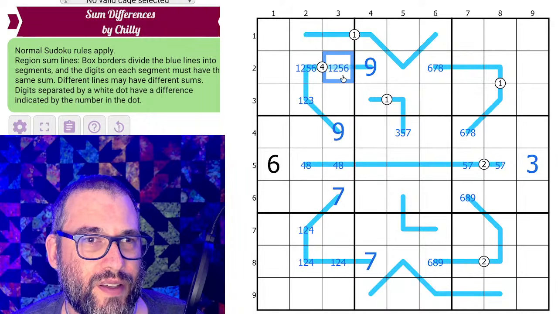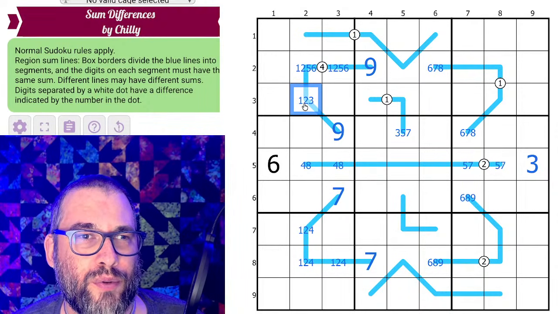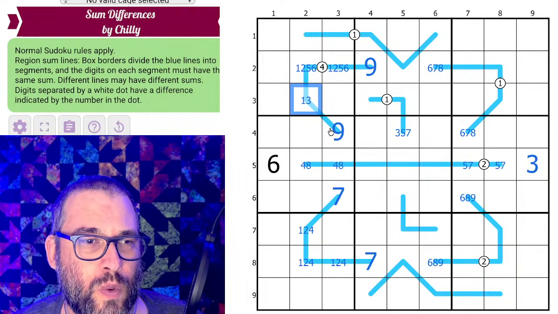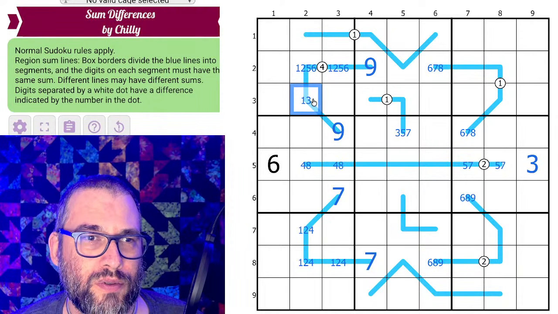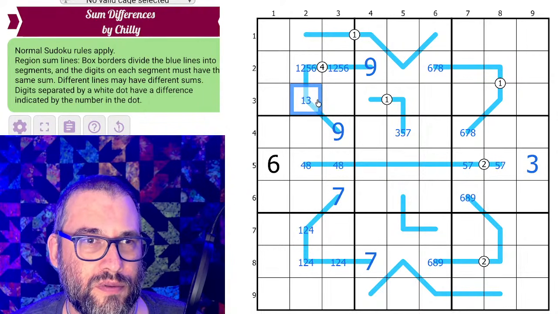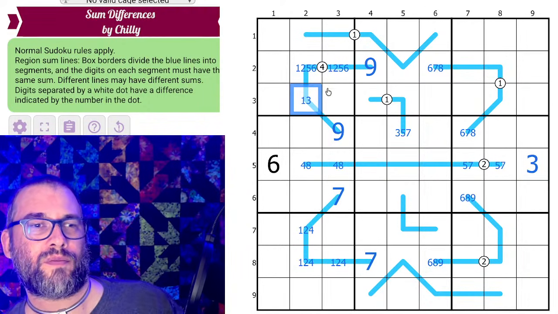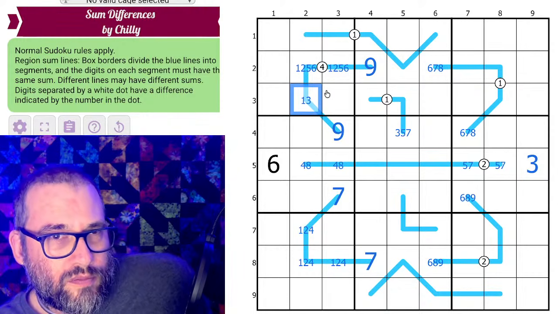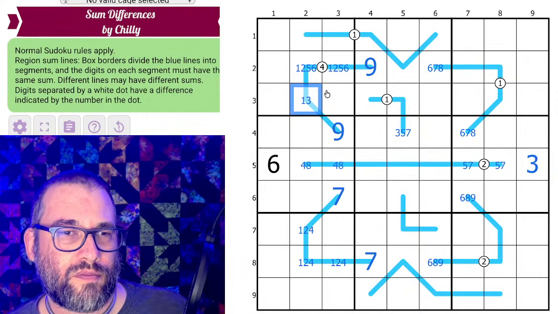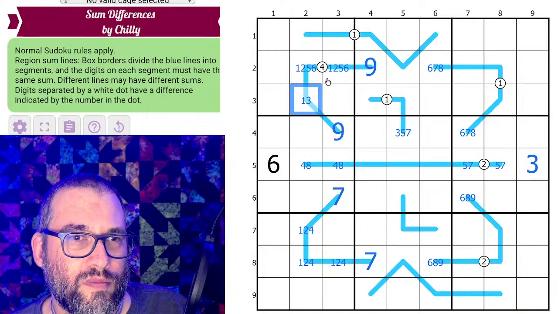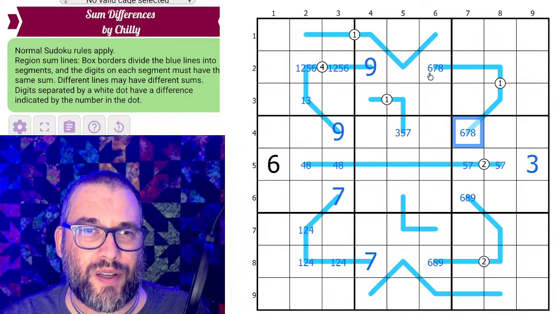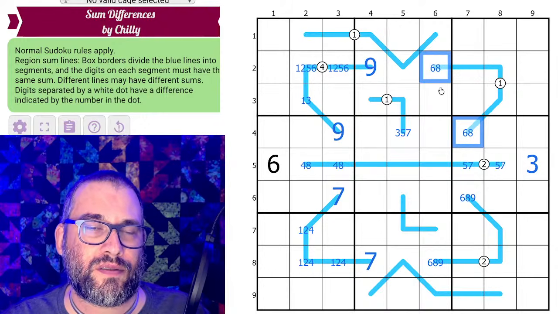Let's see. So this is 1, 5 with a 3, or 2, 6 with a 1. This isn't 2. These aren't 7 by box 6.